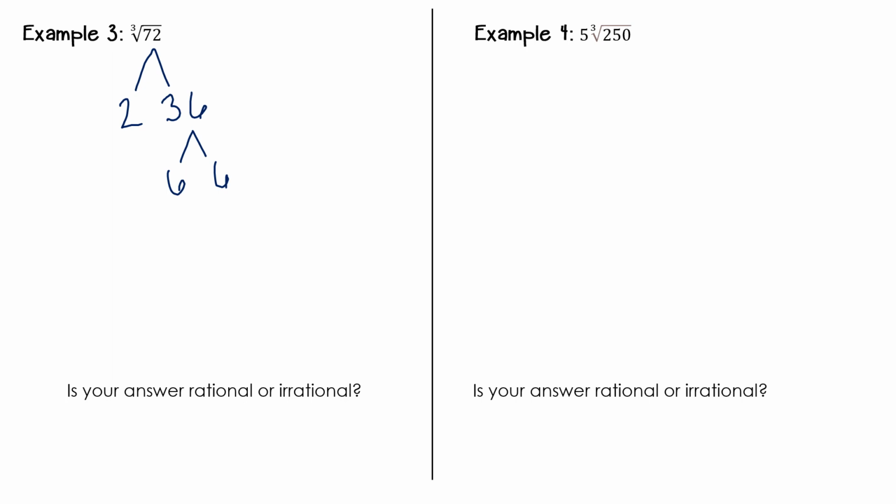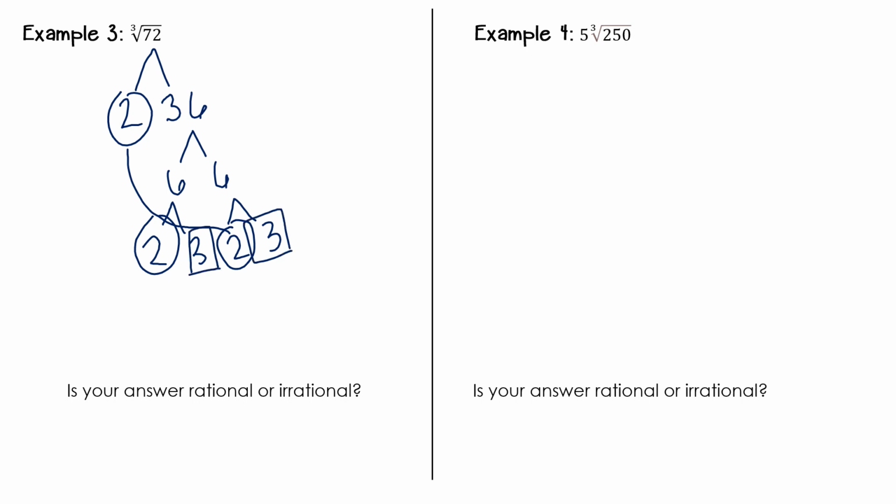Now, if I had a third 6, then you could stop and go ahead and circle your triples, but I would need to keep going. So 6 would be 3 and 2 and 3 and 2. So then now I have 3 2s, and that would be my triple. And then I end up with a single 3 and a single 3.